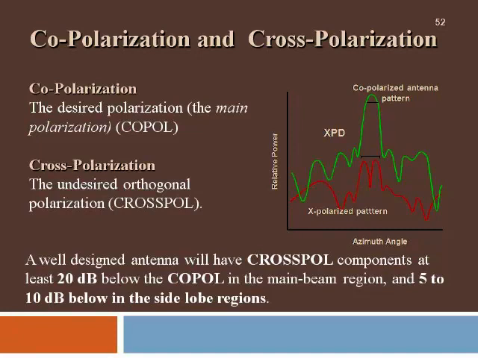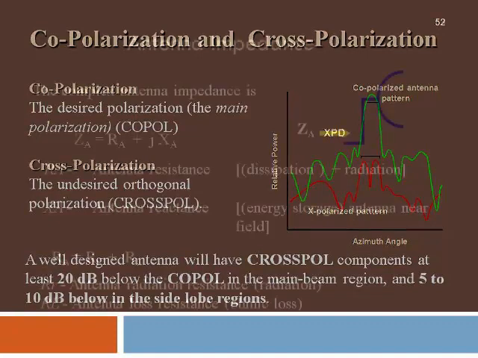The undesired orthogonal polarization is known as cross polarization or simply cross pole. So a well-designed antenna will have cross pole components at least 20 dB below the copole in the main lobe region and 5 to 10 dB below in the side lobe regions.